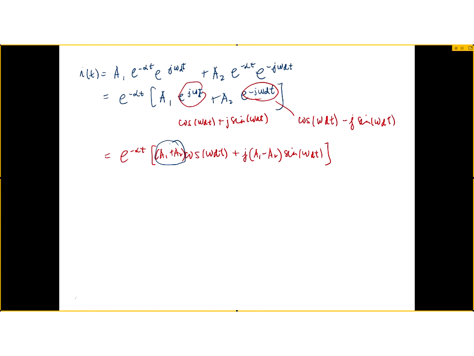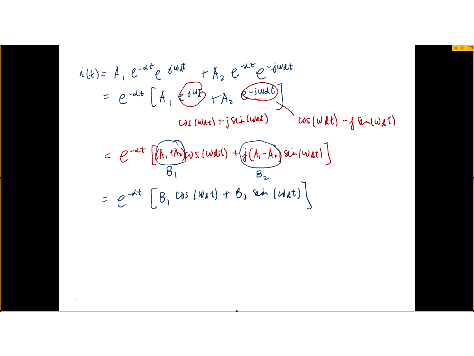Now, it becomes less scary now because I know that the sum of any two constants is just another constant, B1. Okay? Now, the difference between two constants is another constant, but j itself is also a constant. Yes? So I'm going to absorb the j and say j times A1 minus A2 is another constant, B2. Therefore, our general solution is e to the negative alpha t times B1 cosine omega dt plus B2 sine omega dt.